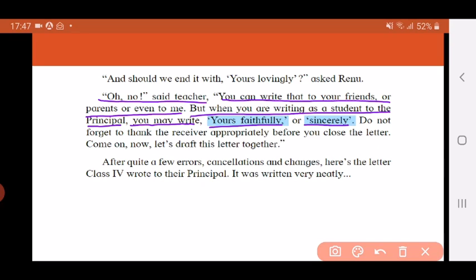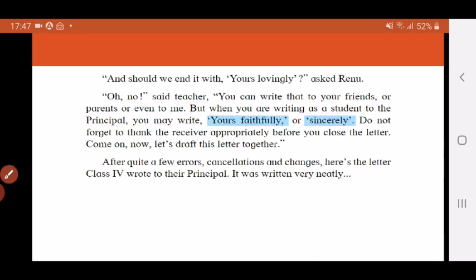So, teacher ने कहा, you cannot write yours lovingly. Yours lovingly is written when you are writing a friendly letter, maybe to your friends or maybe to your parents. You can even write it to me. But when you are writing it to the principal, at the end you have to put yours faithfully or sincerely.